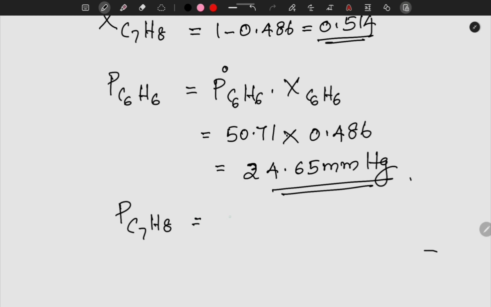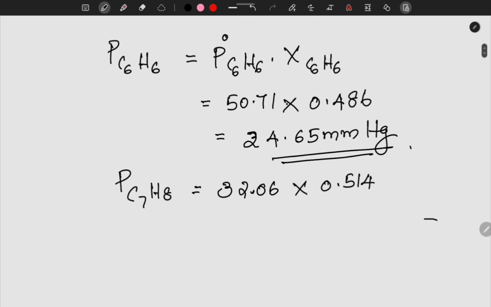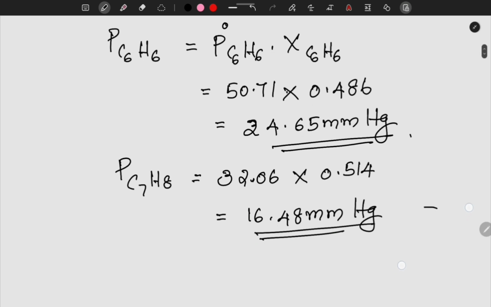Similarly, we can find out for toluene also. So that is 32.06, that is the vapor pressure of the pure component, into mole fraction of that component, which is 0.514. So when we multiply, we will get 16.48 millimeter mercury. Now we got the partial pressure of each component.